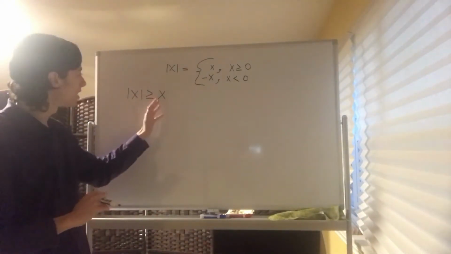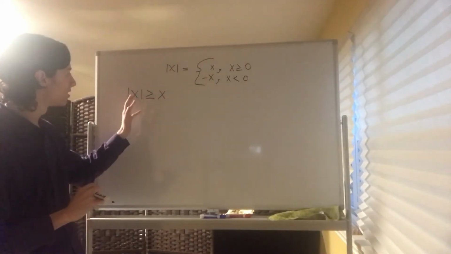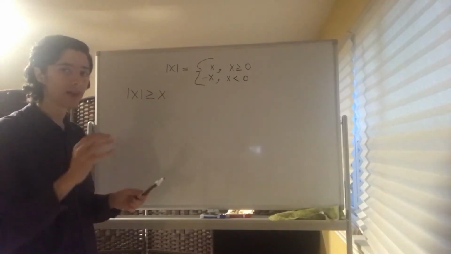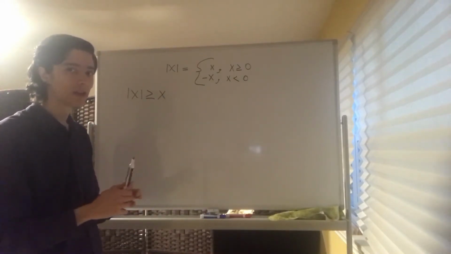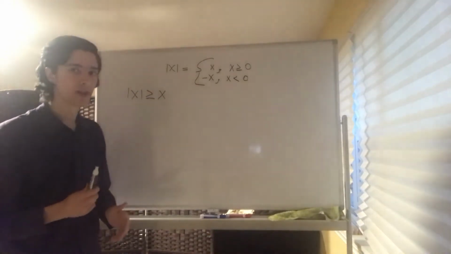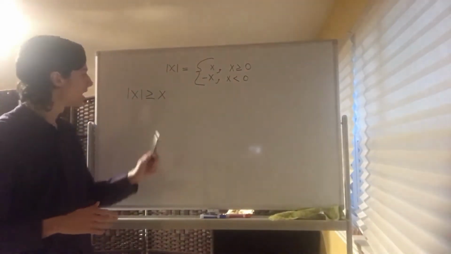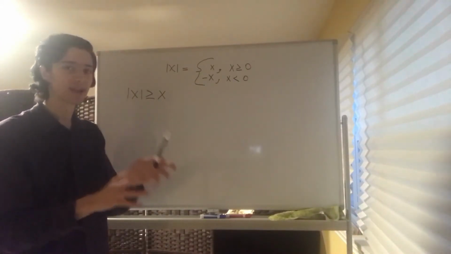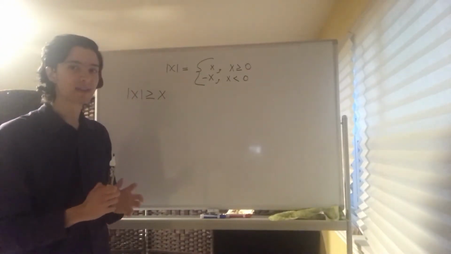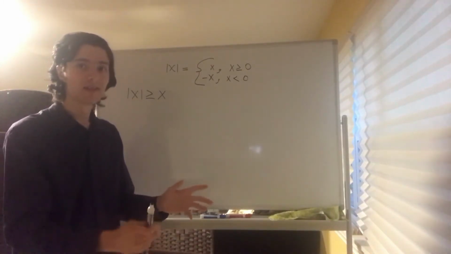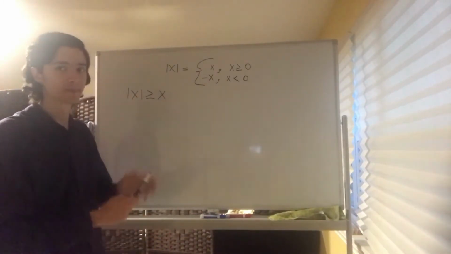So if x is positive, then the absolute value is the same thing, so they're equal. And if x is negative, then the positive version will be greater than the negative version. And remember, if we're looking at a greater than or equal to, only one of them has to be satisfied, right? If it's either greater than or it's equal to, then this statement is true.